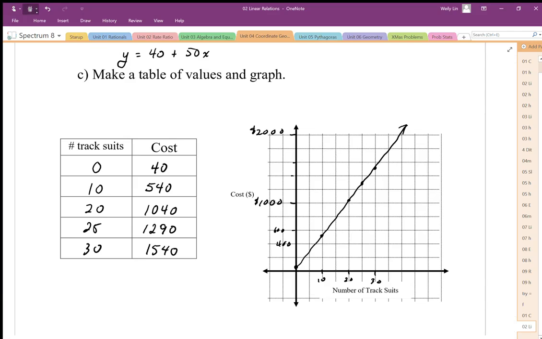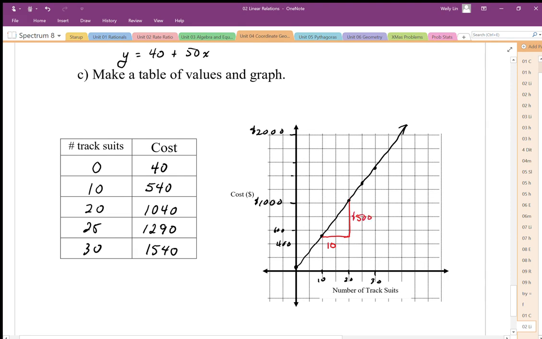Now, the thing that we want to start looking at is, where is this rate or proportion showing up? We can show this proportion here. We have 10 tracksuits, which increases our cost by $500.